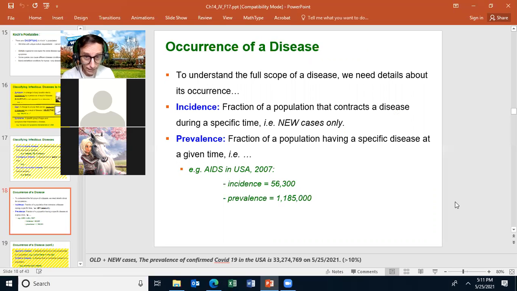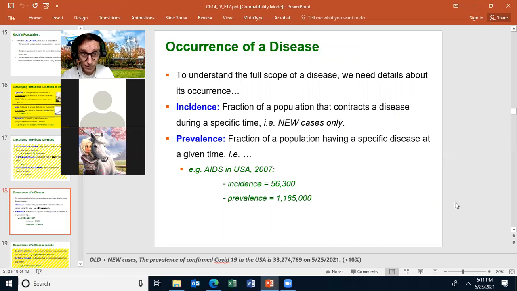Now for COVID-19 in the United States, the prevalence is 33,274,769 confirmed cases, and we'll just say over 33 million cases as of today, May 25th.